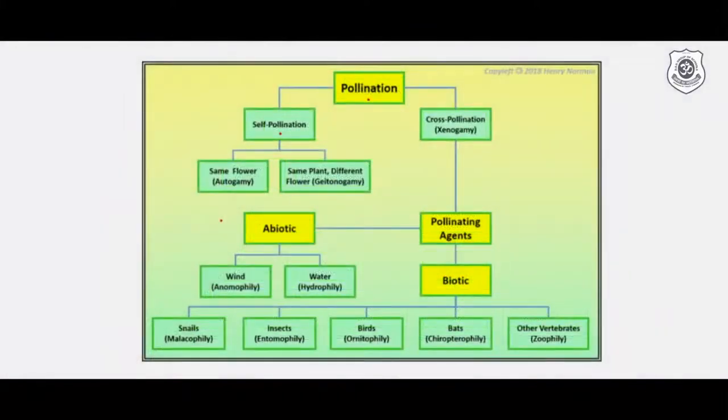Technically, self-pollination can be autogamy, geitonogamy. The cross-pollination, we call it xenogamy. For self to occur, definitely no agents are required. Whereas for the cross, definitely agents are required. Some agent has to bring the pollination.